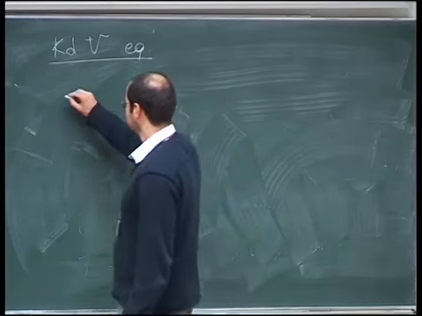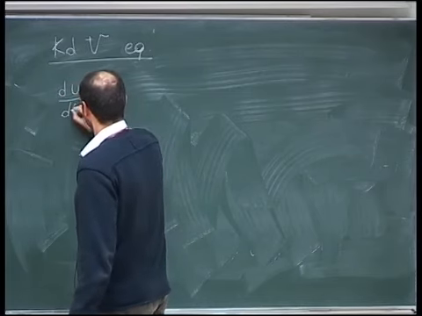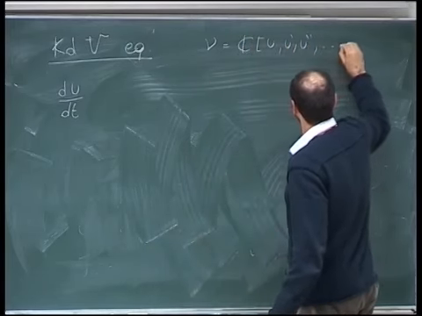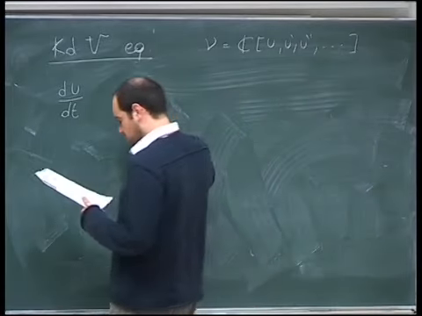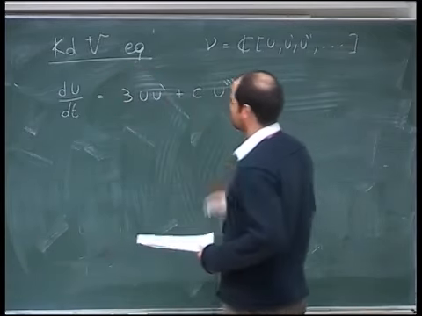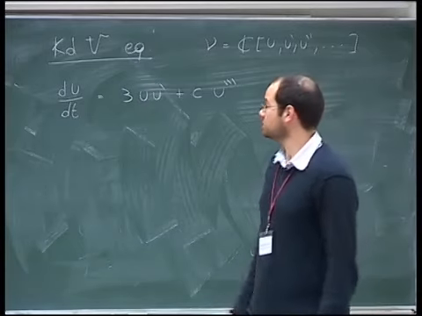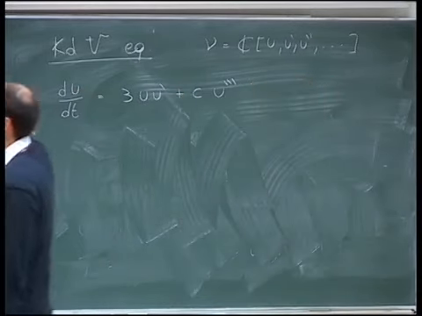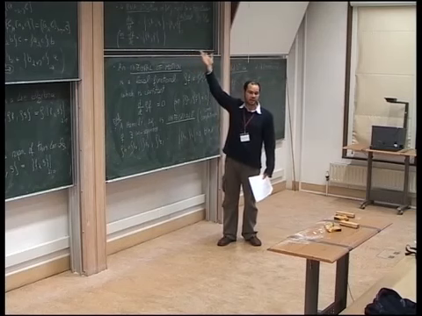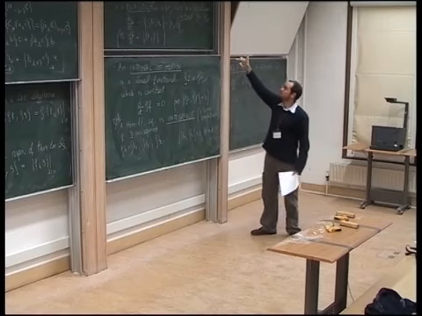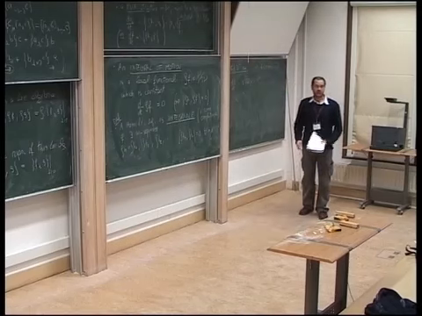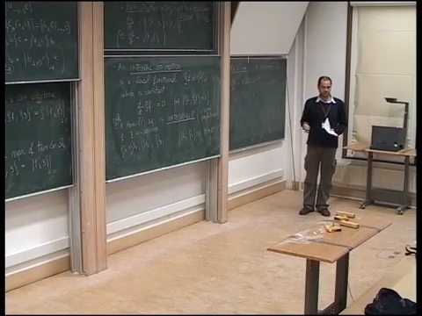And this is the following equation: du/dt, the space is the algebra in one variable, and the equation is 3u u prime plus c u triple prime. So the question is, this is an evolution equation. Can we write it as a Hamiltonian equation associated to a certain Poisson vertex algebra and to a certain local functional? And the answer is in fact yes, and we can do it in two different ways.